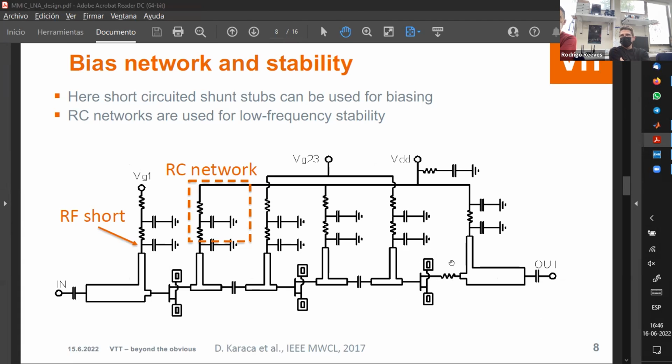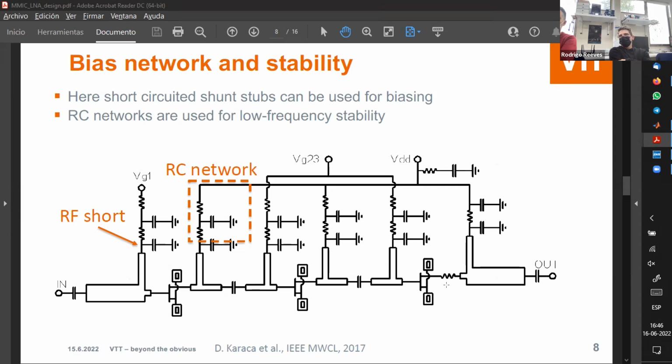So the resistance doesn't affect the noise performance anymore, right? But that will stabilize the circuit very much because it's a series resistor for all frequencies, right? And it also improves the output matching quite significantly.